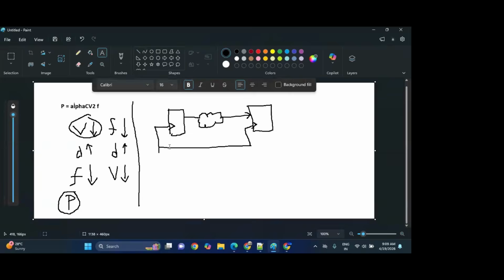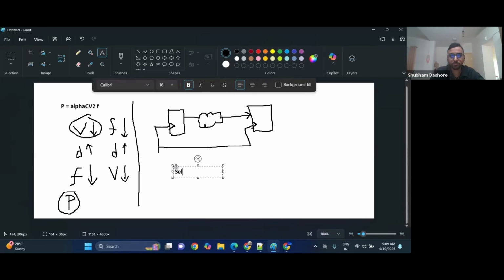Now if we see the setup slack: T clock plus L2 minus T setup minus L1 plus TCQ plus T combo. This is the equation of our setup timing.